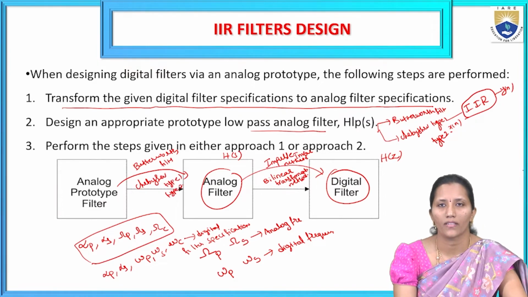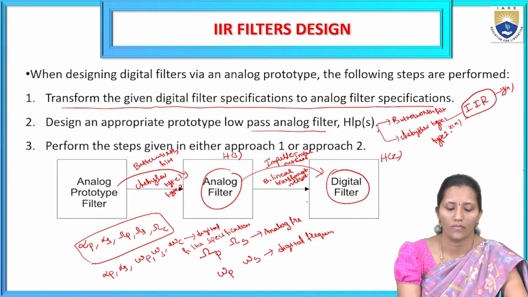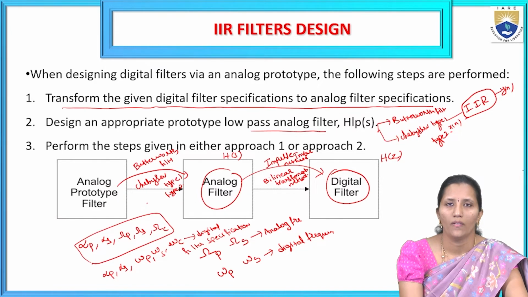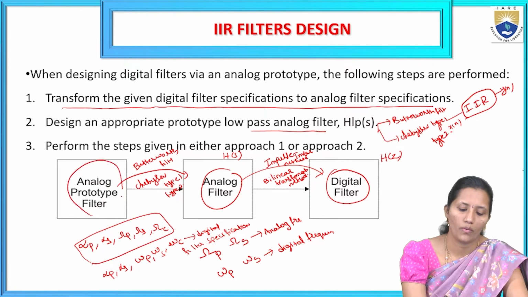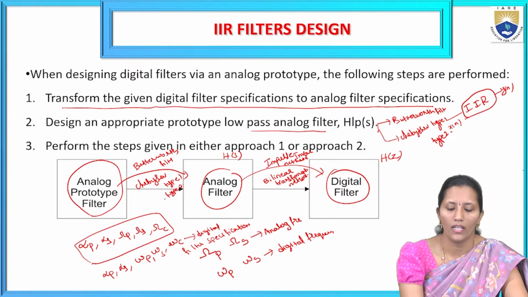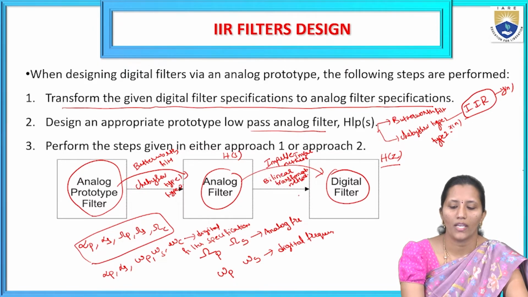From the specifications, by seeing this block diagram, first we have to convert the analog filter specification to digital filter specifications, and by considering the analog filters into design, we have to design the prototype filter, that is the Butterworth filter or Chebyshev type 1 or type 2 filter. Then we have to convert that analog filter transfer function H of S into H of Z by using the impulse invariant method or bilinear transformation method. So this is the basic design approach for the IIR filter design.